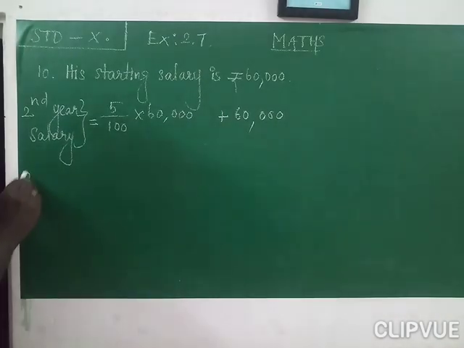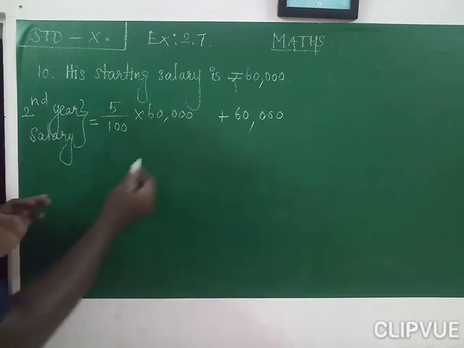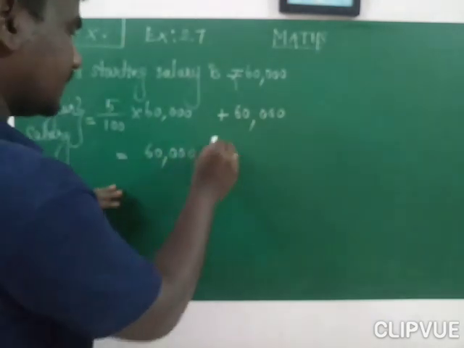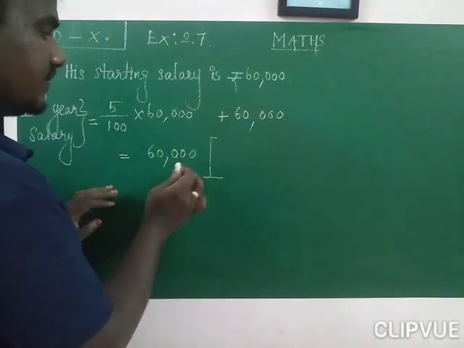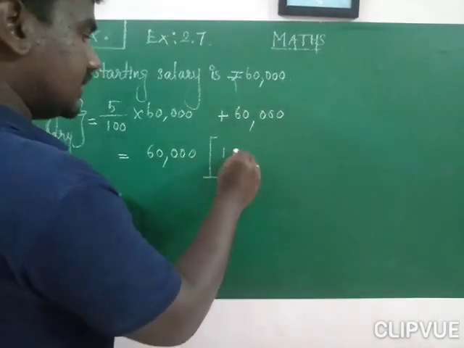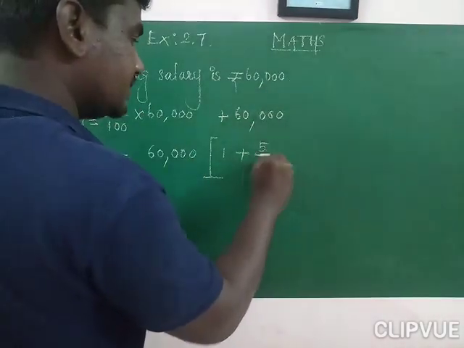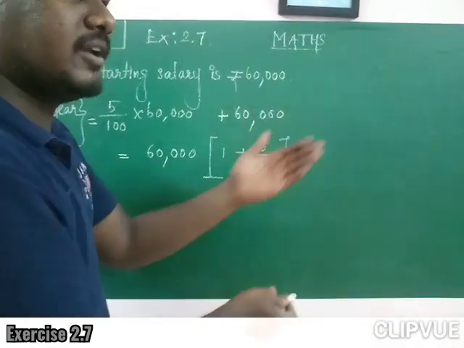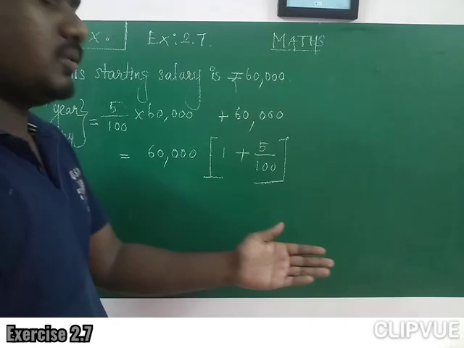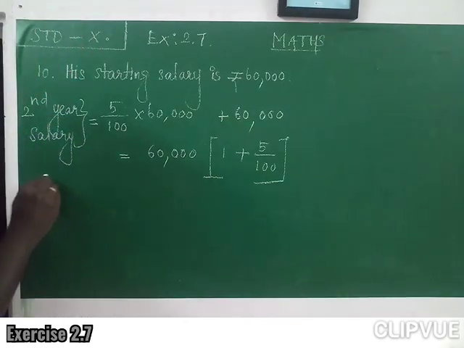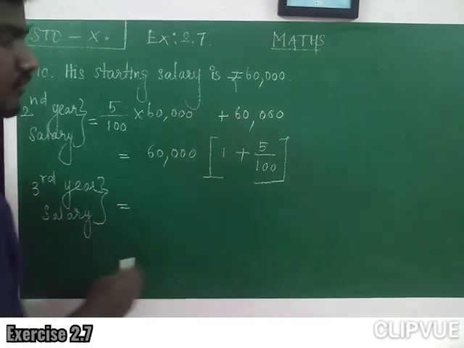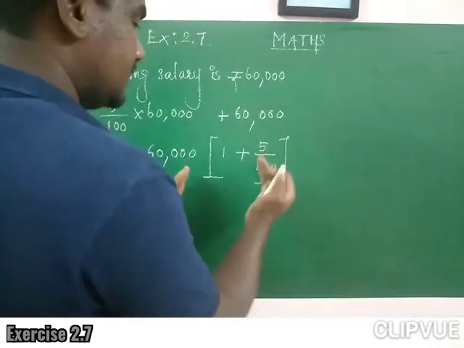Before moving to third year, we could simplify this because the 60,000 is the common factor. If you take that out, here 1 plus 5 by 100. Either 1 plus 5 by 100 or 5 by 100 plus 1, both are correct. So third year salary: 5% of this amount plus this amount.